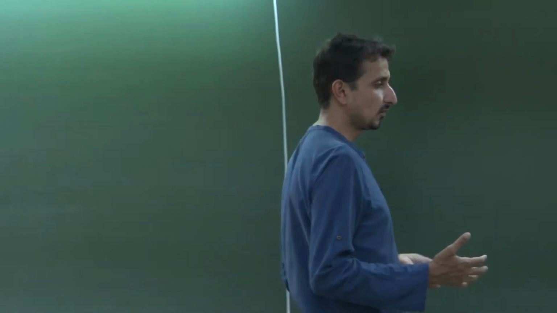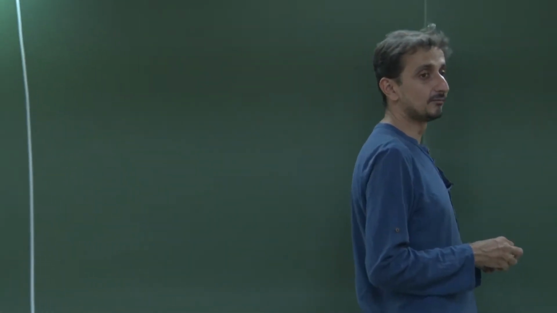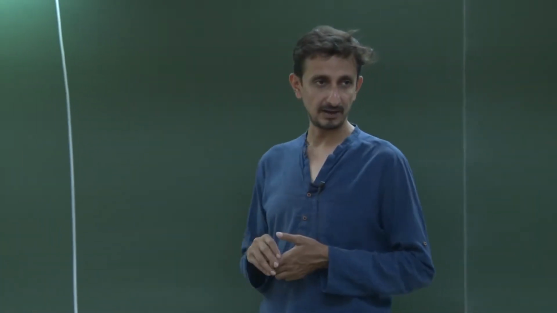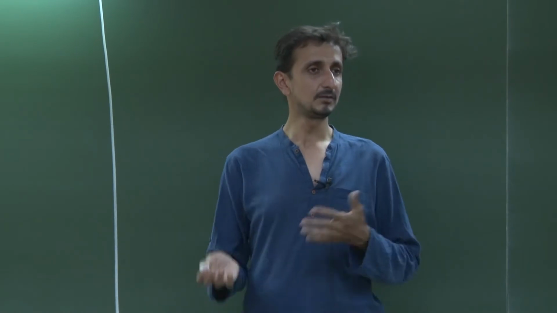If not for all, maybe for a large fraction of Boolean functions, we will show that the size of the circuit is at least some value, or the size of a formula is at least some value. So, let me start by giving a definition.